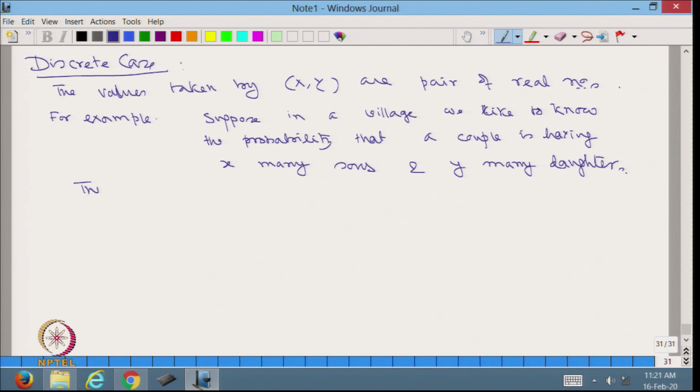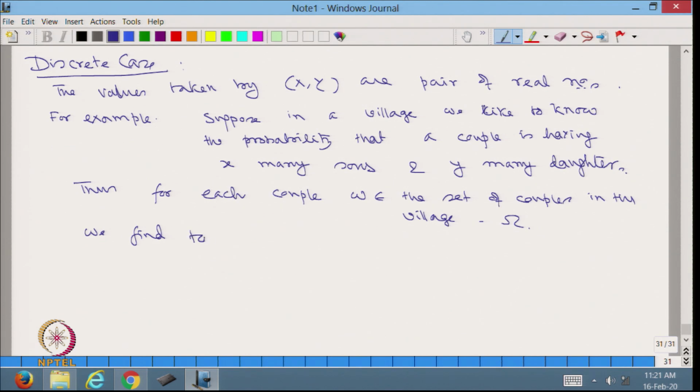Thus, for each couple omega belonging to the set of couples in the village, which let us call omega, we find two values: x omega, number of sons, and y omega, number of daughters.